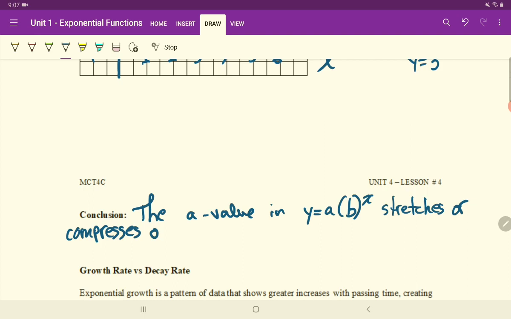So in our case, it was a stretch because the value was 3. But if the value was in between 0 and 1, so it was a decimal in between 0 and 1, we would find that it would actually compress our graph. It would make it less steep. Okay, but in this case, our a value was 3.